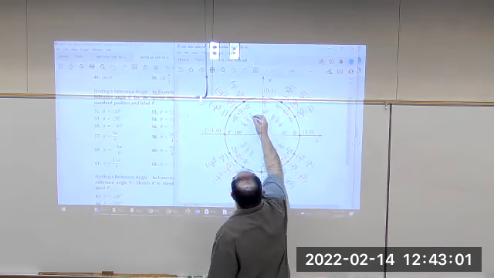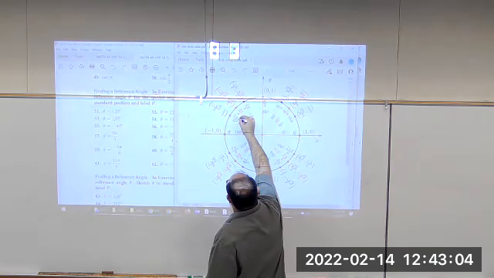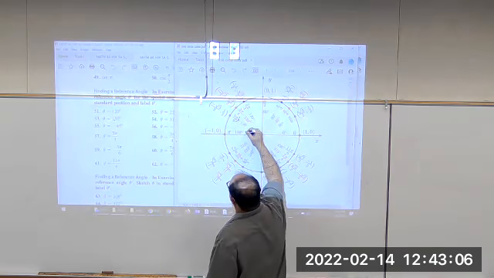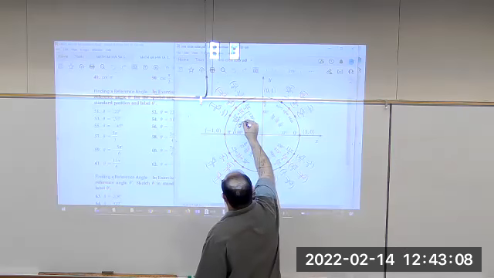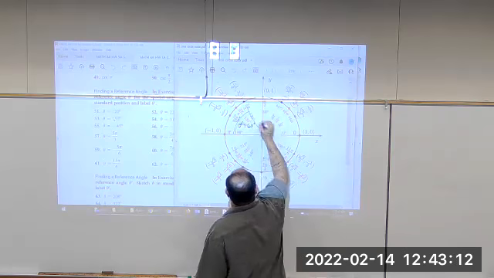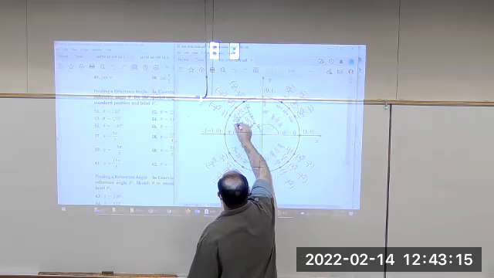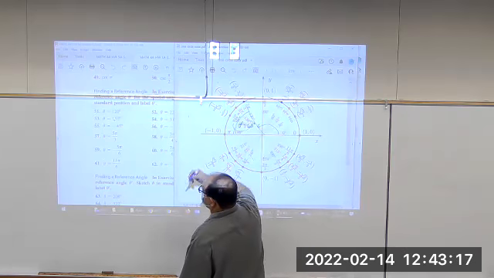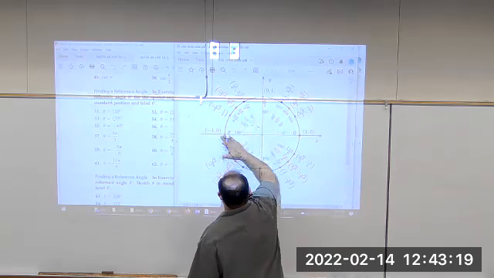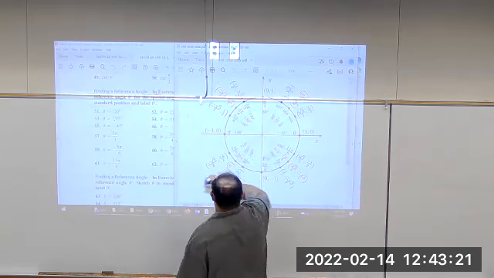So 120, the reference is this one, so that would be 60. Sketch it right there. Theta prime is 60. So you're going to sketch this, your 120, and then sketch that. 455, and we did this in the warm-up. Negative 45 degrees.